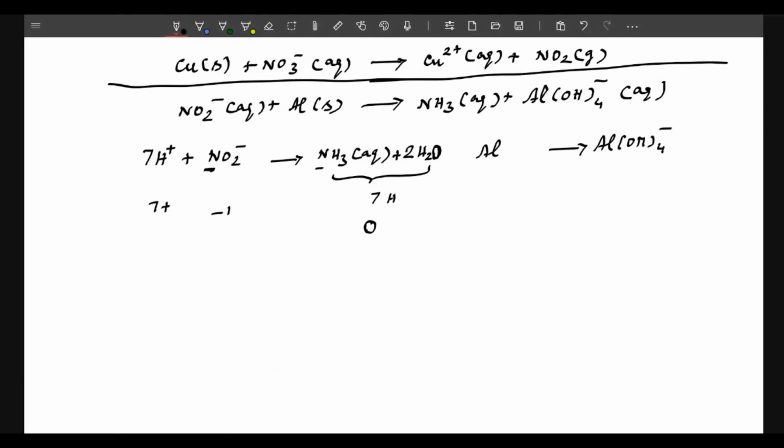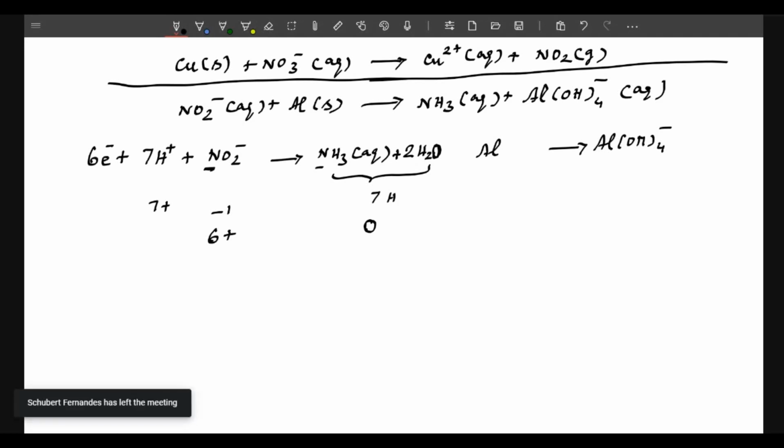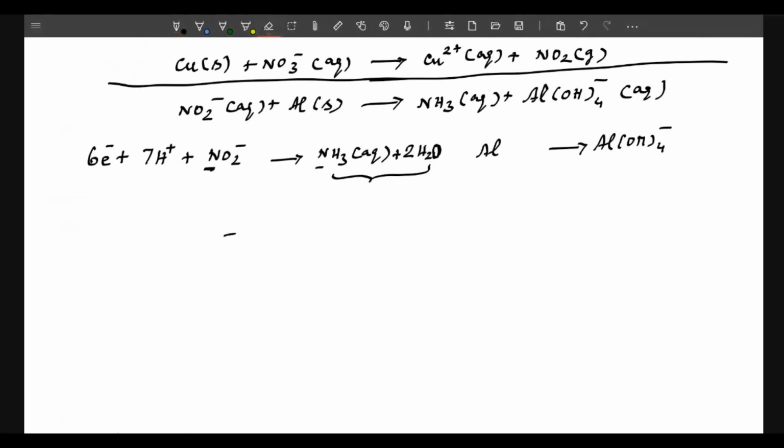Therefore, on the reactant side 6 plus are there, but in the products no charge. So we add 6 electrons on the reactant side. Therefore we have balanced the reduction half reaction. Do you follow this?